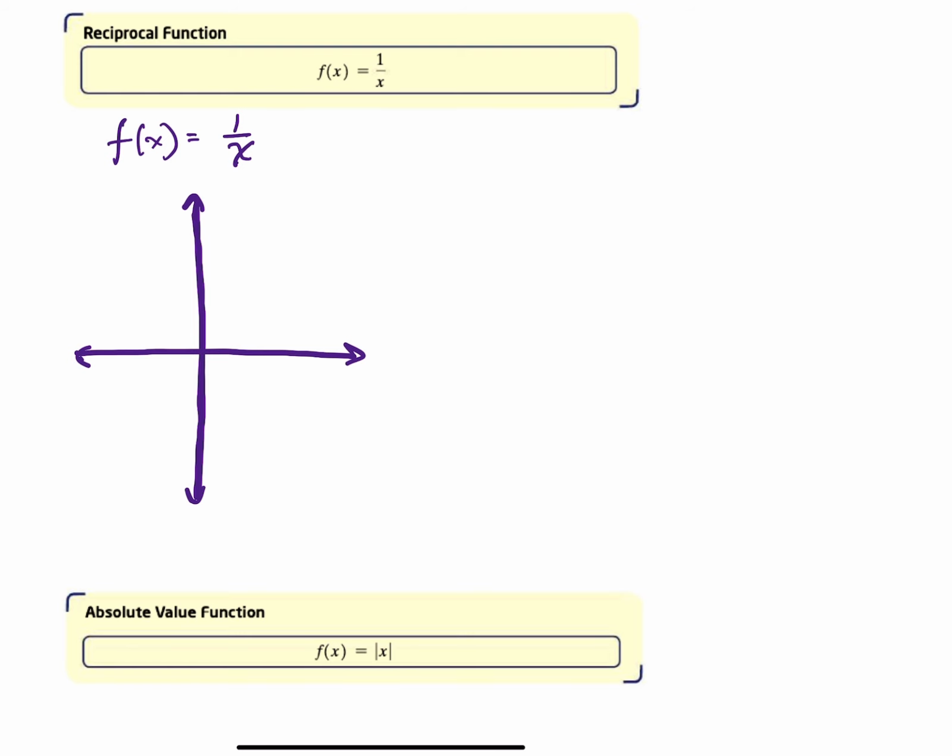Well, we know we can't plug in 0, otherwise we'll be dividing by 0. So we definitely have a vertical asymptote on the y-axis. This can also never be equal to 0. There's no value we can plug in that will make this equal to 0. So we also have a horizontal asymptote. And if you recall rules for horizontal asymptotes, you can see it from that perspective as well.